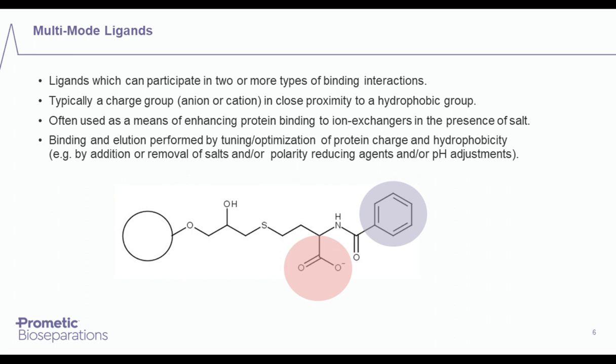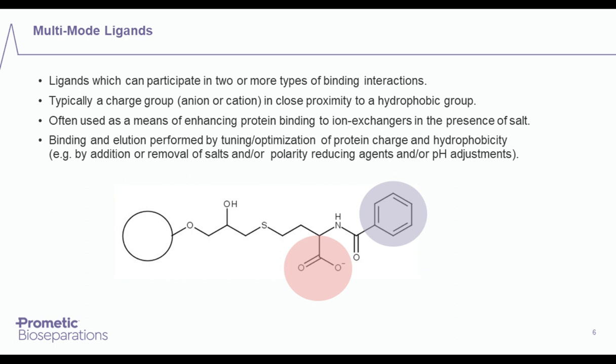Binding and elution is performed by tuning the buffer conditions to favor protein adsorption or desorption. This is achieved by the addition or removal of salts and/or the addition or removal of polarity-reducing agents such as alcohols or glycols. However, there is currently a significant limitation to the application of multi-mode ligands in that relatively few of these ligands are currently available commercially.